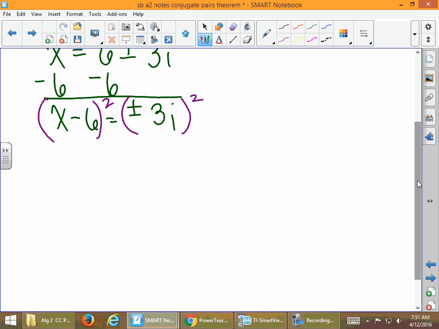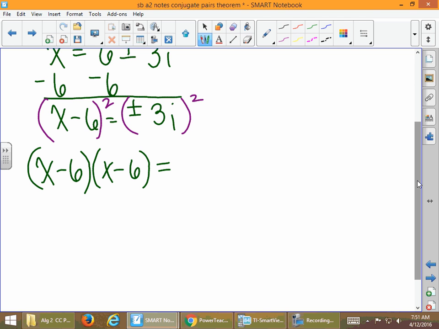So this means on the left here that this is x minus 6 times x minus 6. But over here on the right side, we need to figure out the plus or minus. But if we square 3, positive 3, say, what do we get? 3 times 3 is 9.